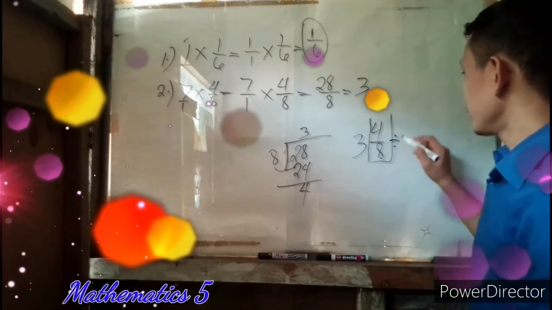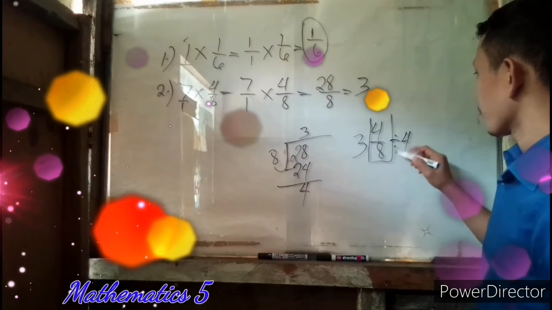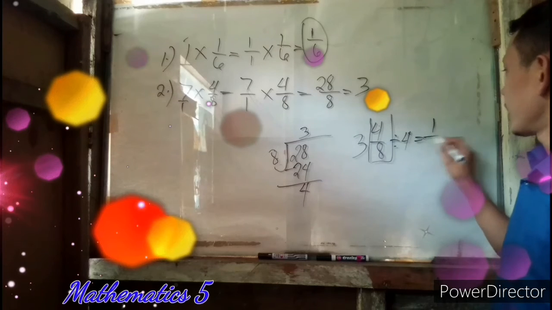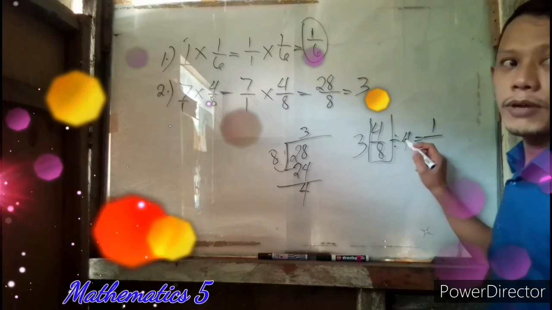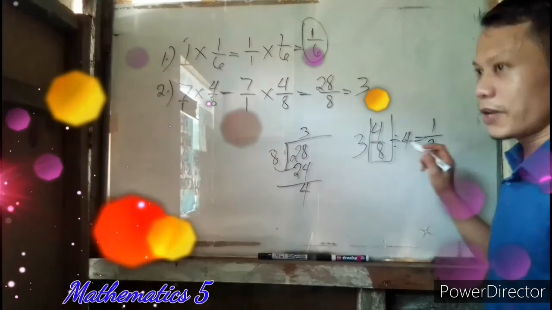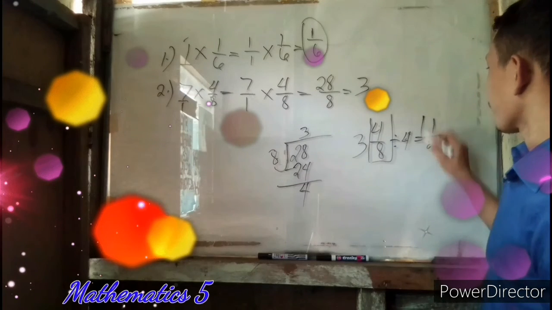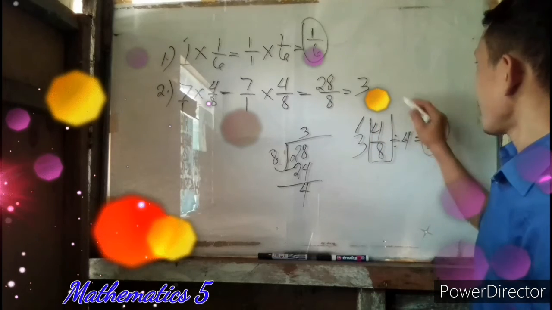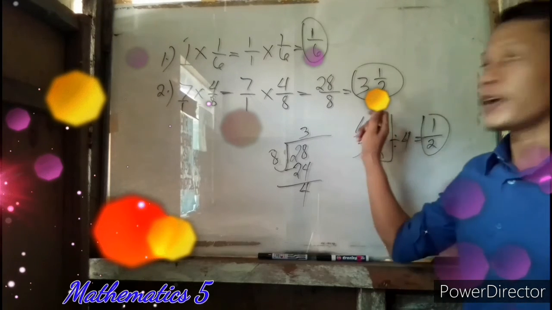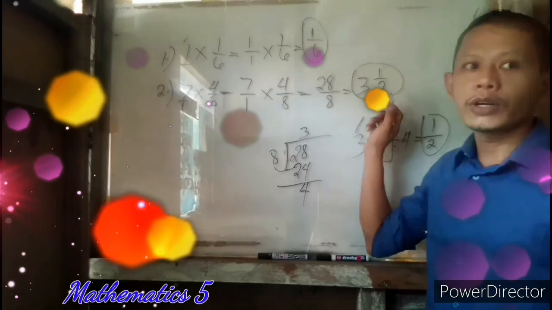We're going to divide by 4. 4 divided by 4 is equal to 1. 8 divided by 4 is equal to 2. Therefore, we have 3 and 1/2. Now this is our final answer, 3 and 1/2.